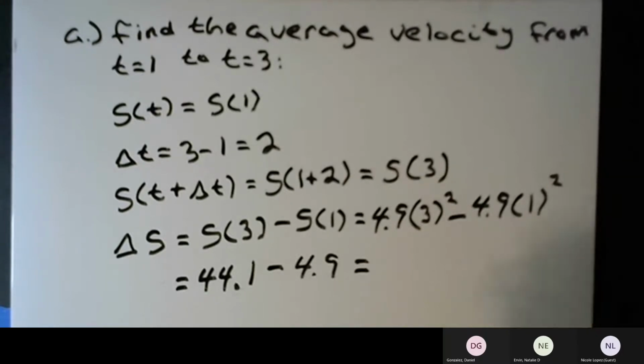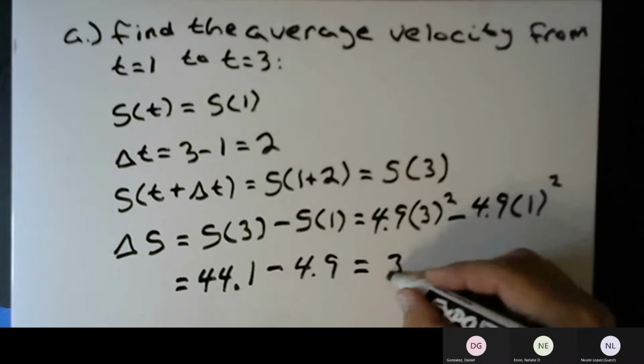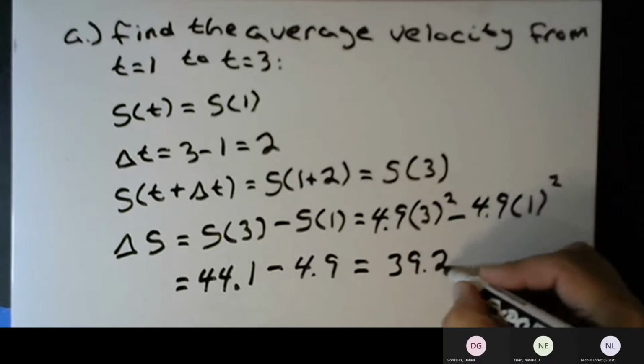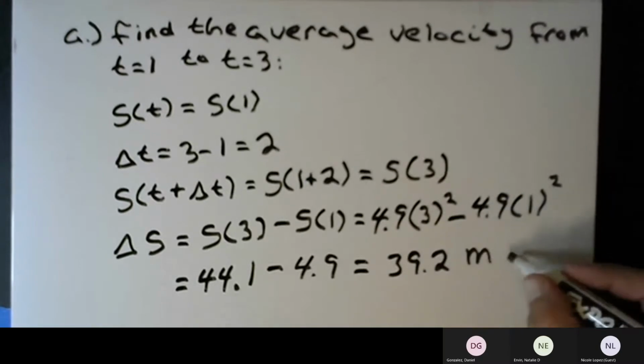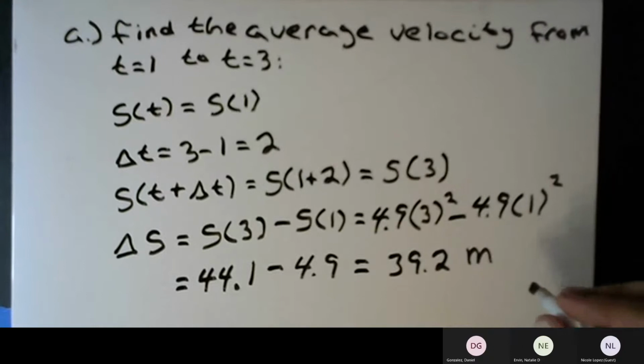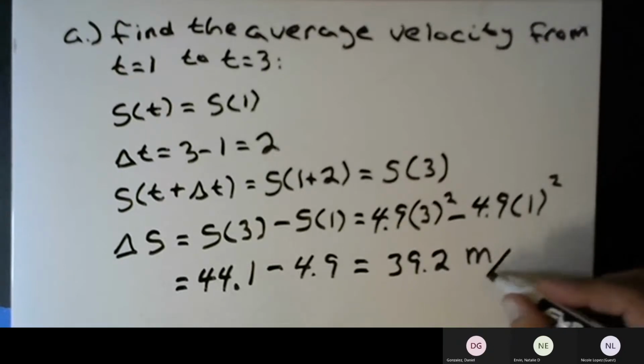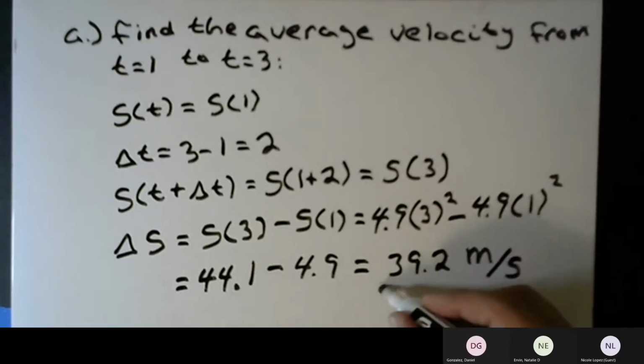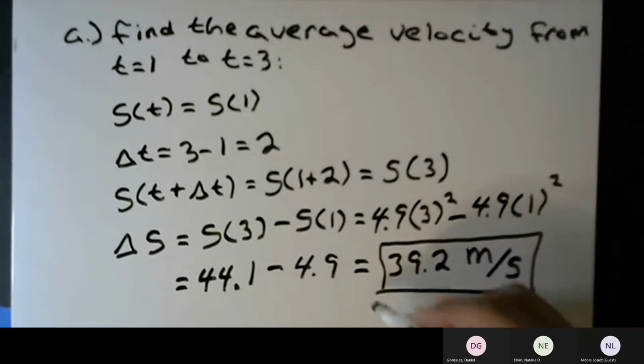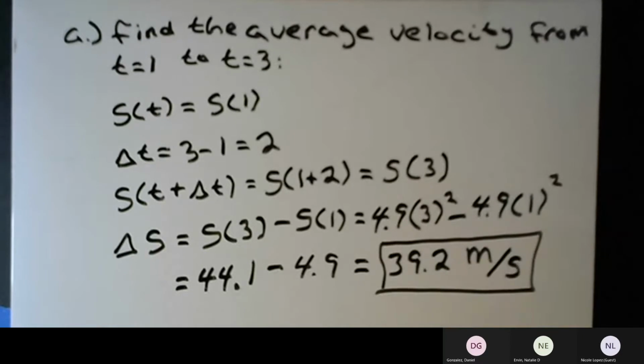And so we get 39.2. And this is going to be meters. I'm sorry, yes, we are doing metric, so we're going to be meters per second. If we were using the 16t squared formula from the beginning of chapter 2, we'd be using feet per second. So this is the average velocity.